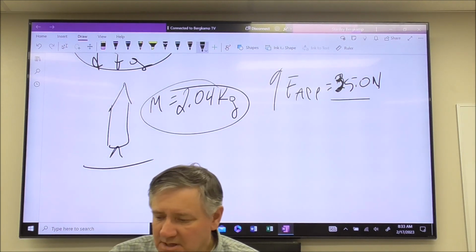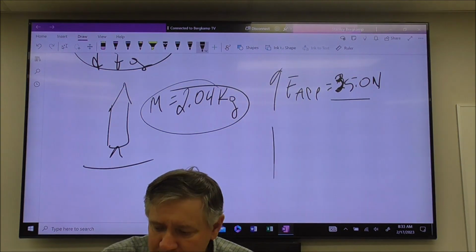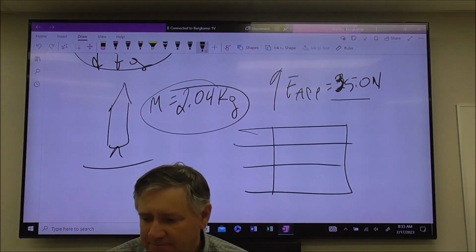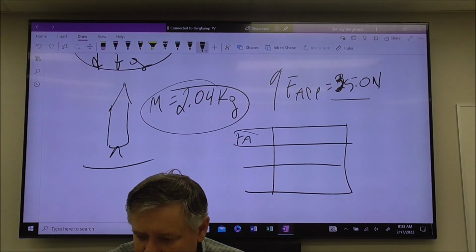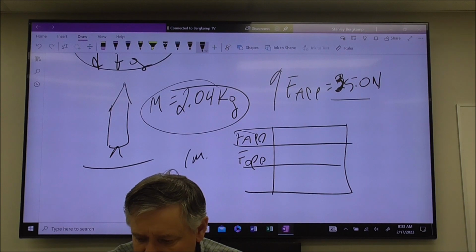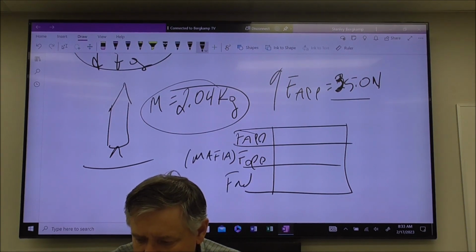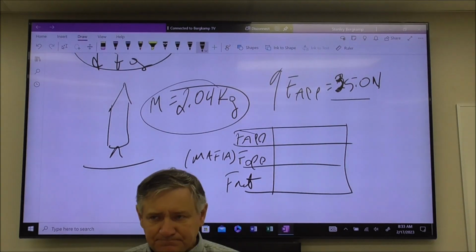So, I beg of you, get in this habit of making this chart: here's my applied force, my opposing force, otherwise known as the mafia line, and then your net force.